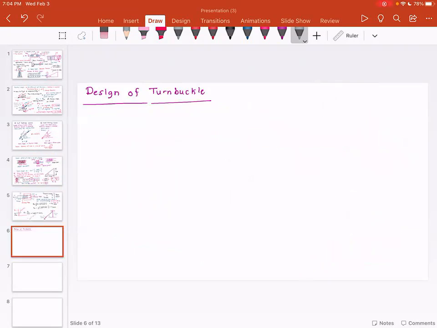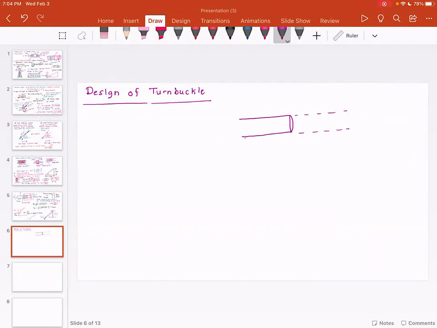So I'm going to give you a step-by-step recipe for design of turnbuckles. Just for the discussion, I'm going to use a simple solid nut. So this is the turnbuckle. And the thing with the turnbuckle is the rods don't have to have the exact same diameter.